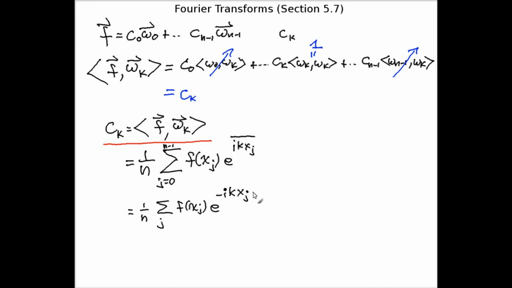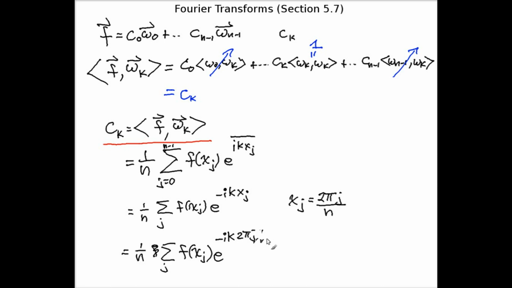And remember that x_j is 2 pi j over n. And so we can write this as 1 over n, summation over j, f of x_j, e to the minus i k times x_j, which is 2 pi j over n.